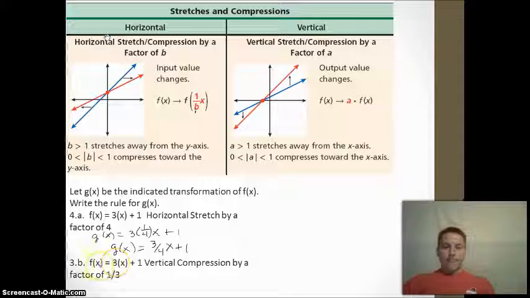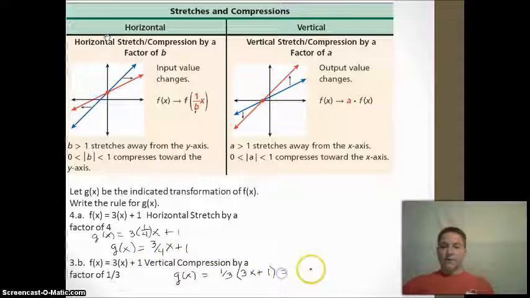Okay, now f of x equals 3x plus 1. We want a vertical compression by a factor of 1/3. What that means is we're taking the whole entire function, because it's vertical, times 1/3. So to get g of x, we take 1/3 times our entire function, f of x, because it's vertical.